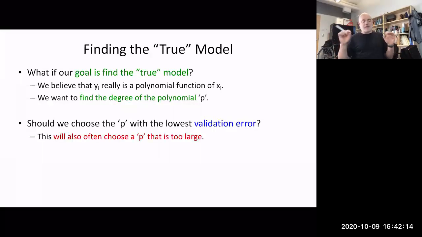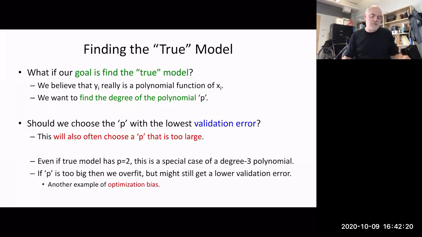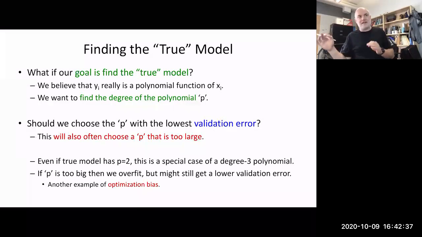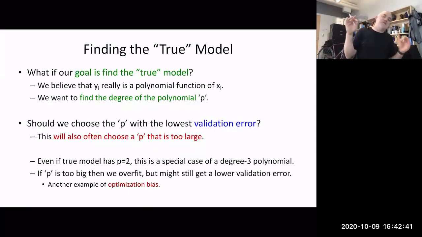We have to be very careful because there's going to be measurement noise, right? And this will actually often, not super often, but it may choose a p that is too large. In particular, if we know the true model is a second order polynomial, we know that's a special case of a third order polynomial, which is a special case of a fourth order polynomial, a fifth order polynomial, and so on.